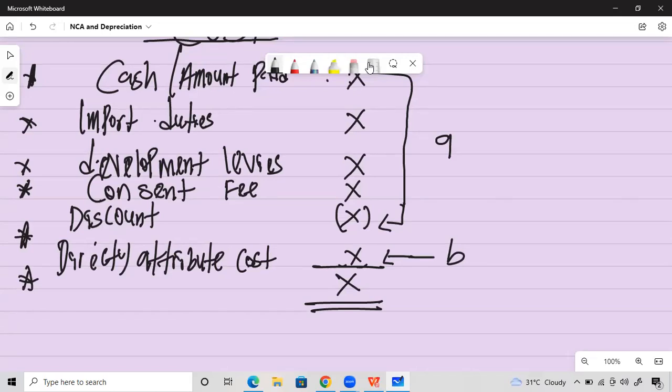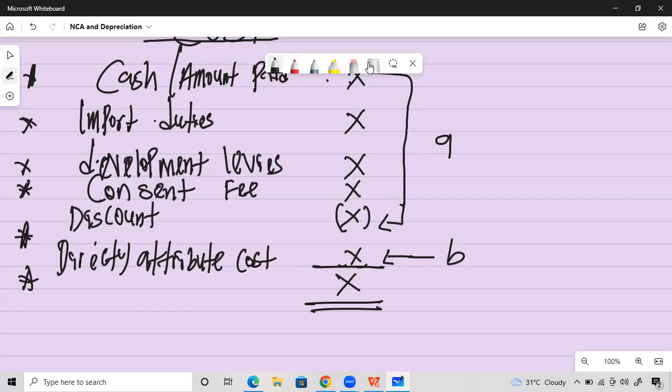Meaning those costs that you are paying as a result of buying the asset. Assuming that you are not buying this particular asset, you are not going to pay for it.